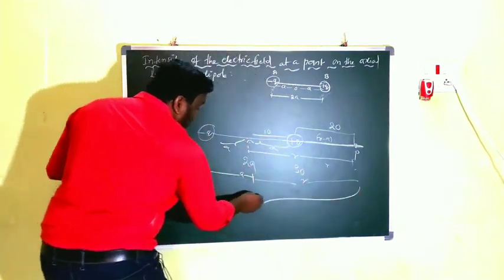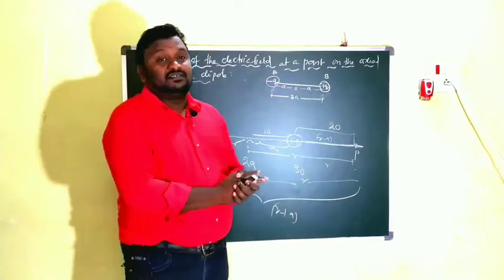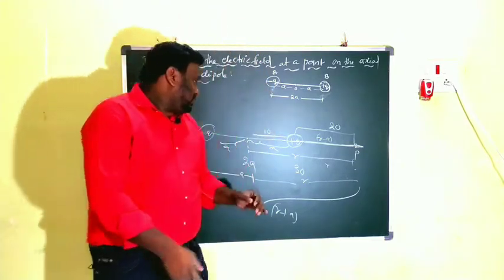Then what is the total distance here? r plus a. Clear, children? If you can understand this diagram, we can easily do the derivation.